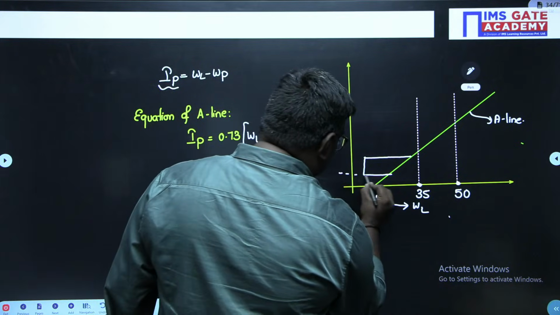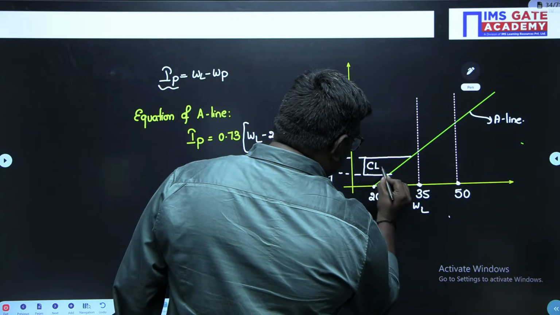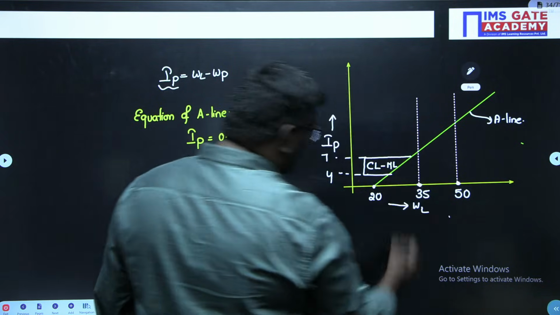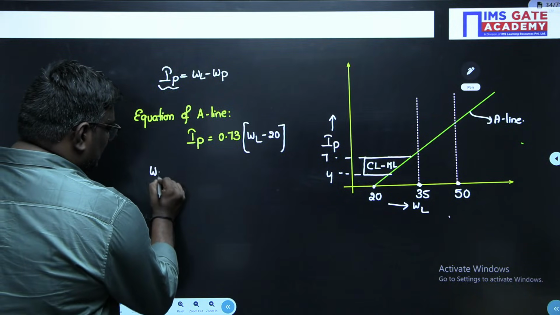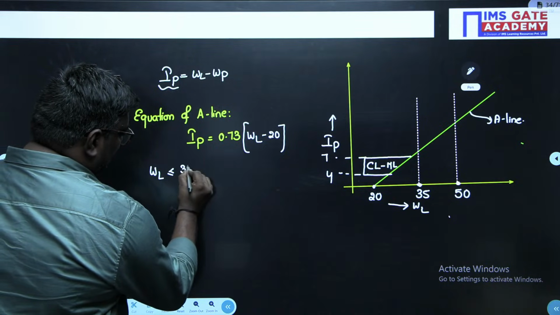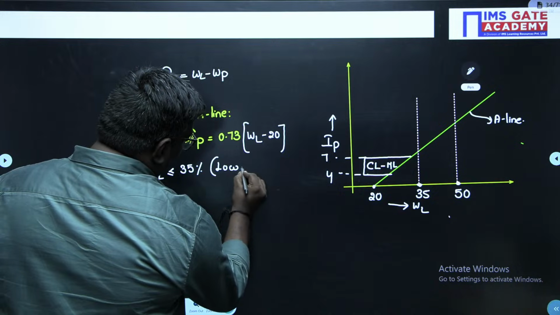So here, this is CL and ML. I'll tell you what it is. If the liquid limit is less than or equal to 35 percent, we call it low compressible.